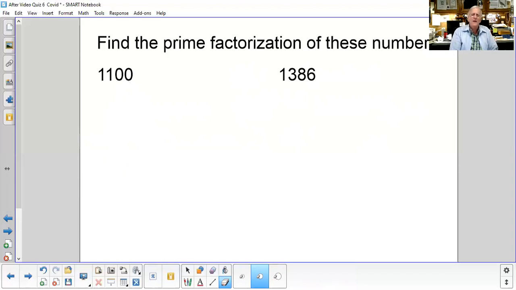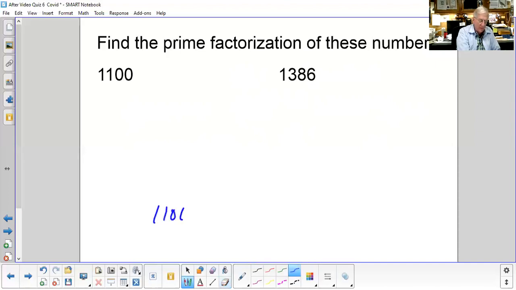What I do is what a friend of mine taught me to do, who was a math teacher I worked with for years, which is called successive division. I write the number I'm getting the prime factorization of down low, and I think of a prime number that will divide into it. Well, you notice we did the divisibility rules for 2, 3, and 5, right? 2, 3, and 5 are all prime numbers, aren't they? So they're probably numbers that we are hoping will go into some of these bigger numbers to make life easier for us here.